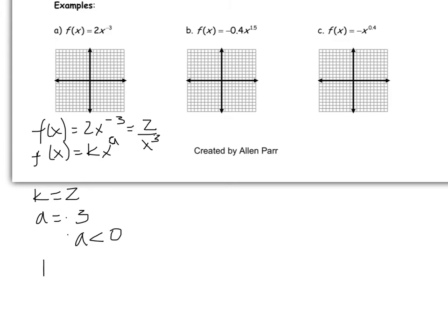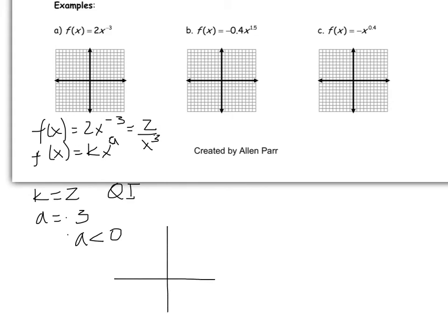My k value is 2, which means it's positive, so half of my function is going to be in quadrant 1. I don't think I can graph on this piece, so I'm going to graph this one right here.